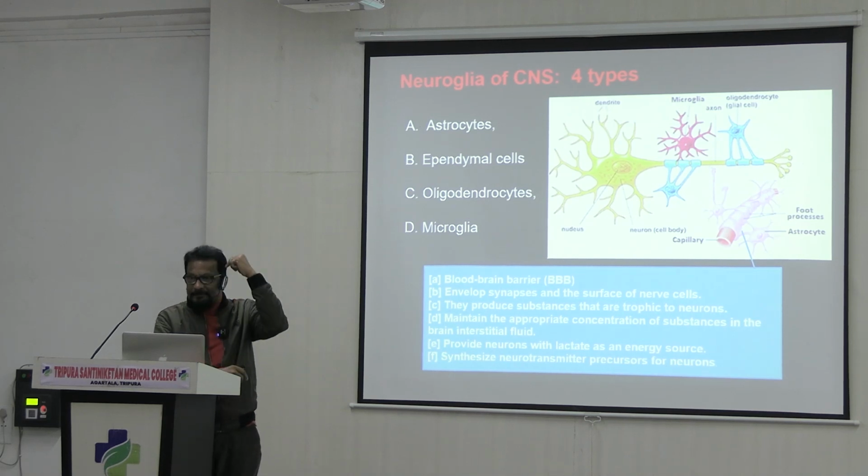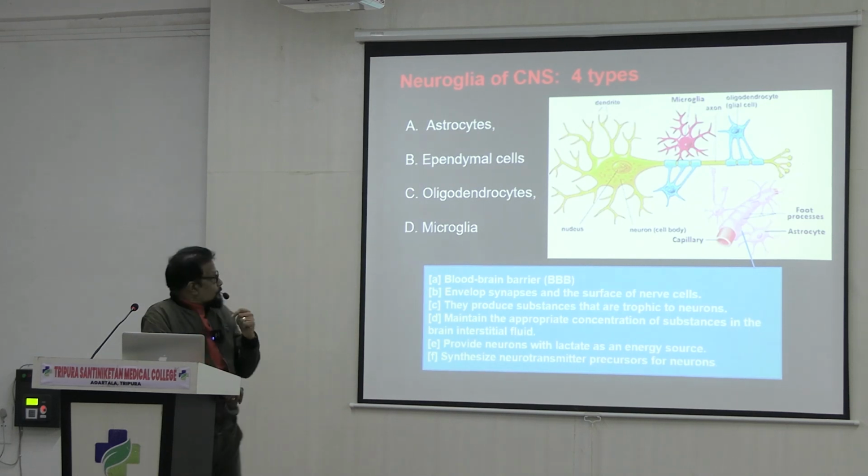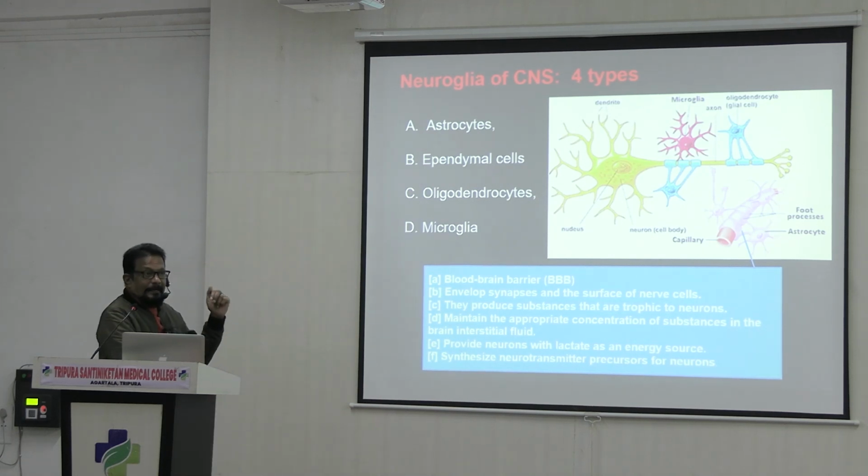The capillaries present in the brain have an inner endothelium lining that is very protective. It protects the brain tissue from infection by some organisms. So by creating this blood-brain barrier, they protect the brain cells.